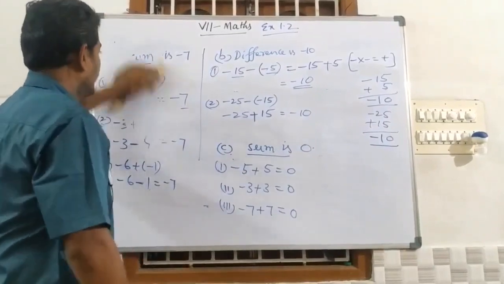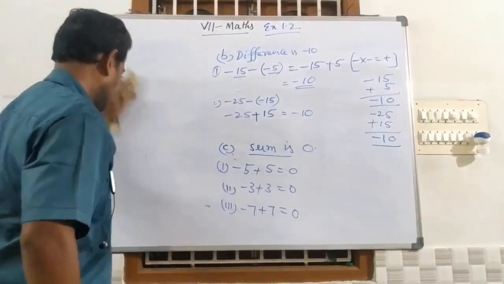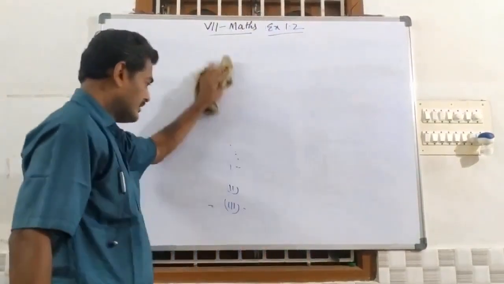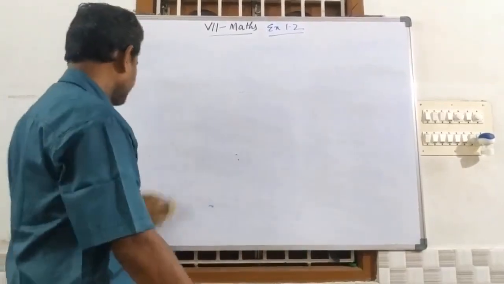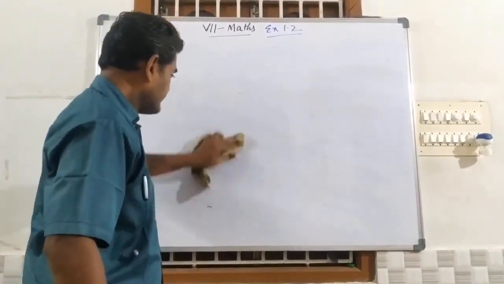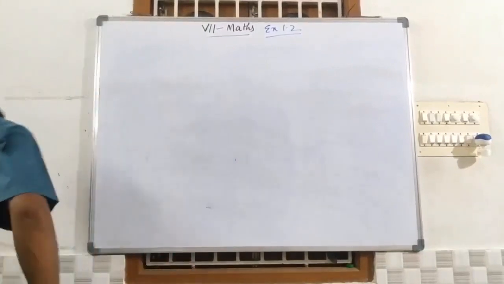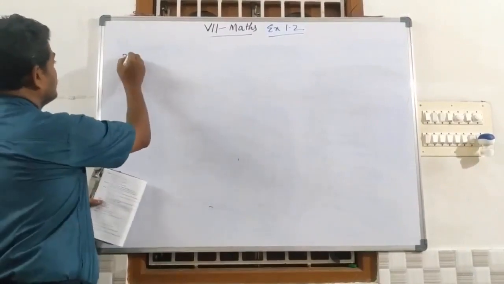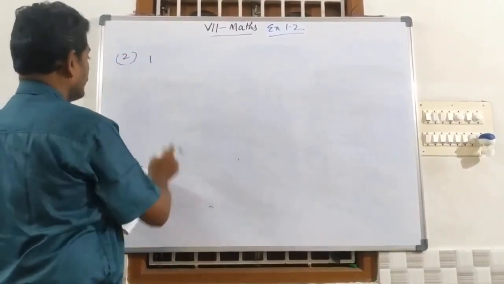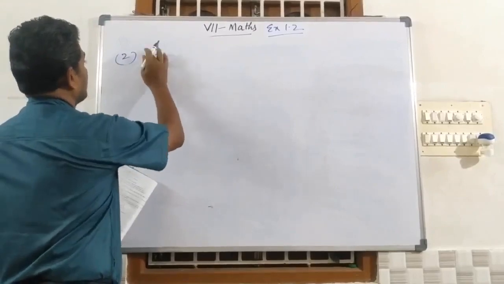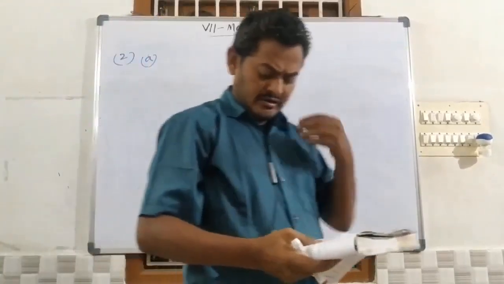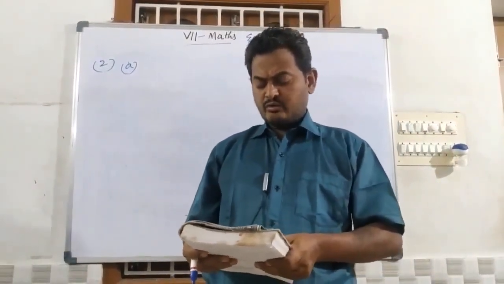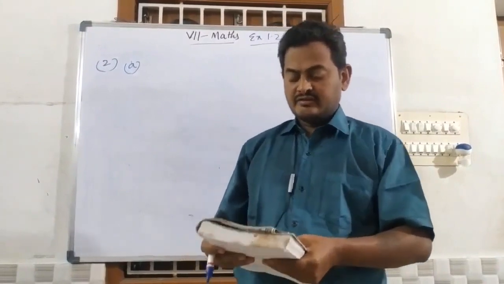Okay. Now we go for another sum, the second sum. Question number 2. First question, A. In this A question what are they asking?